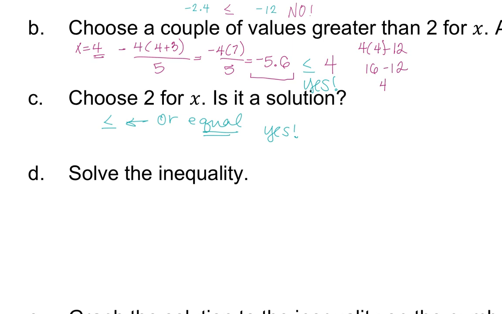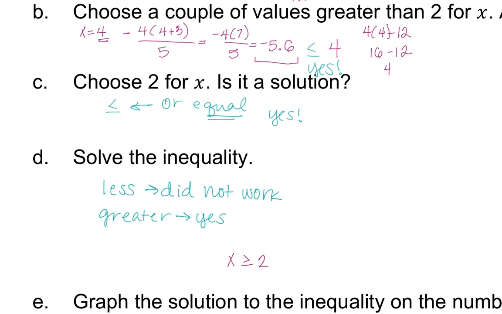So because the values less did not work, but greater did, right? We got that was true. So that means that our inequality is x is greater than or equal to 2.